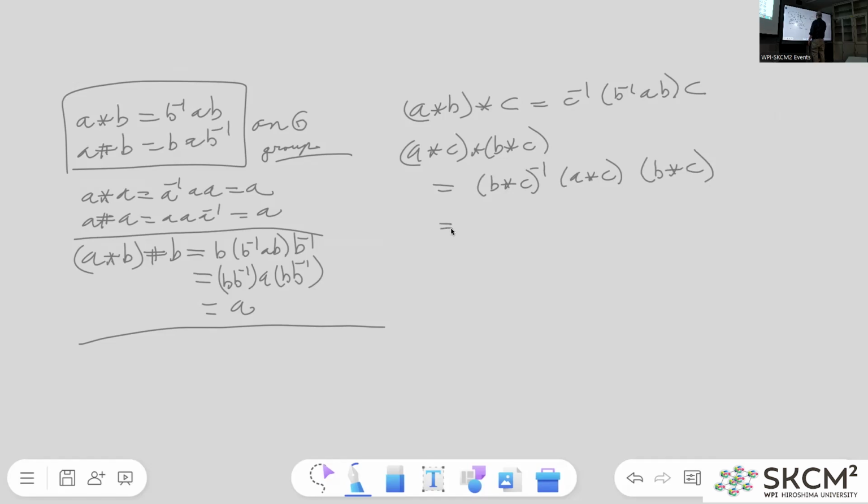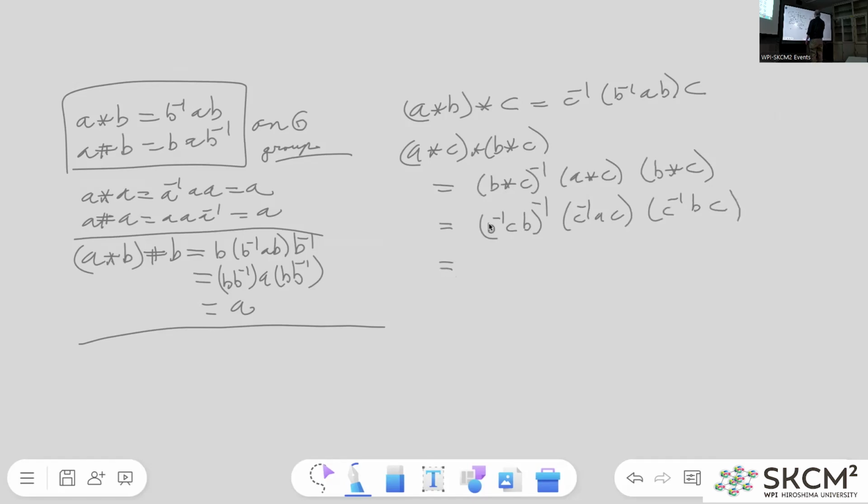And this is equal to B inverse C B inverse, and then C inverse A C, and then C inverse B C, and then that's the inverse.